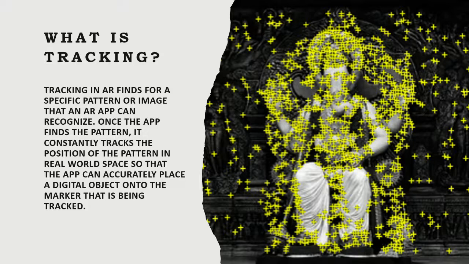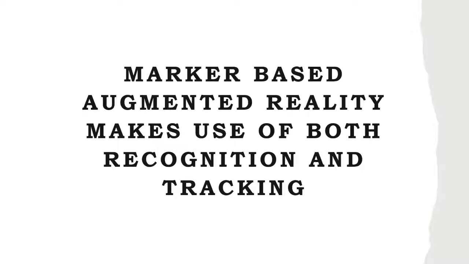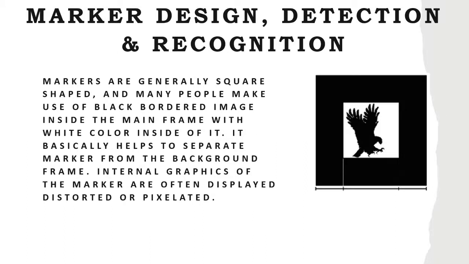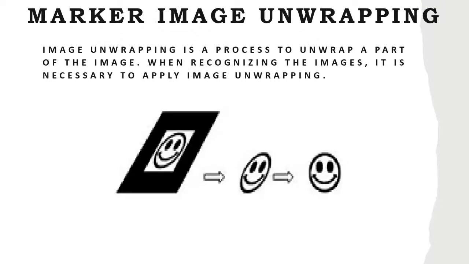It has been pixelated. You can literally count the pixels if you want, although it would be hard because there are lakhs of pixels in there. The image has been pixelated, the quality has been lowered, the image is distorted. That's how it helps to track. It tracks pixel by pixel. This thing helps to unwrap the image also. So that's how marker image unwrapping works.